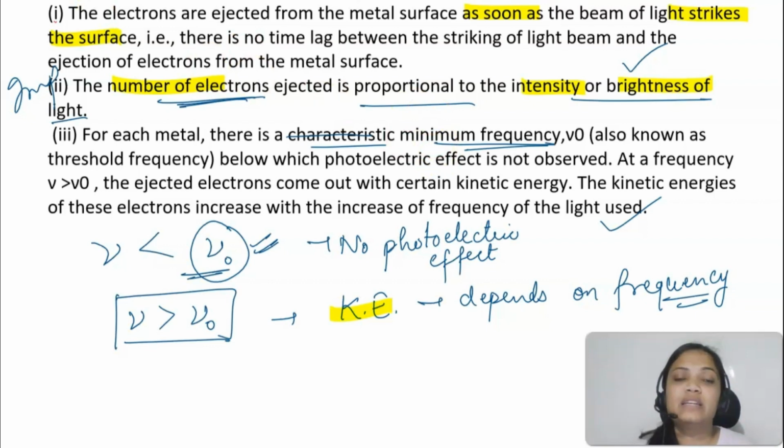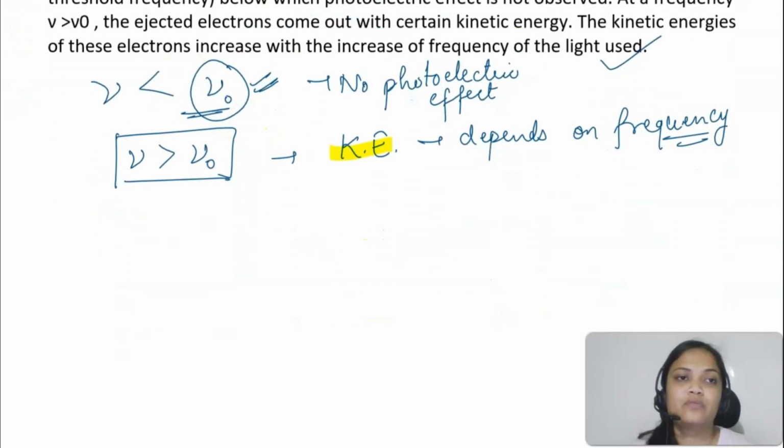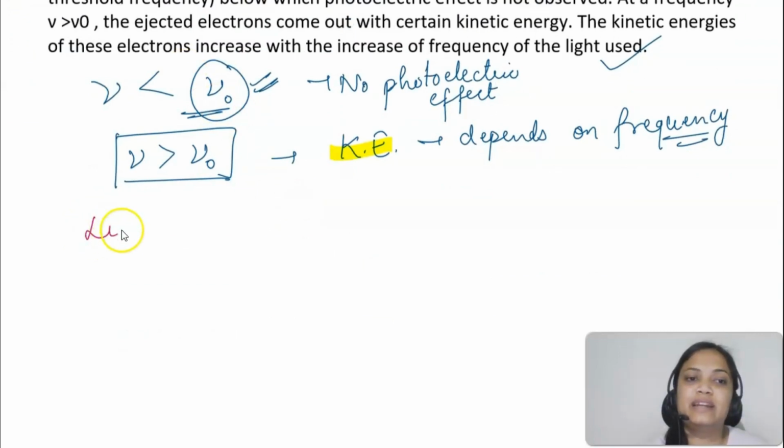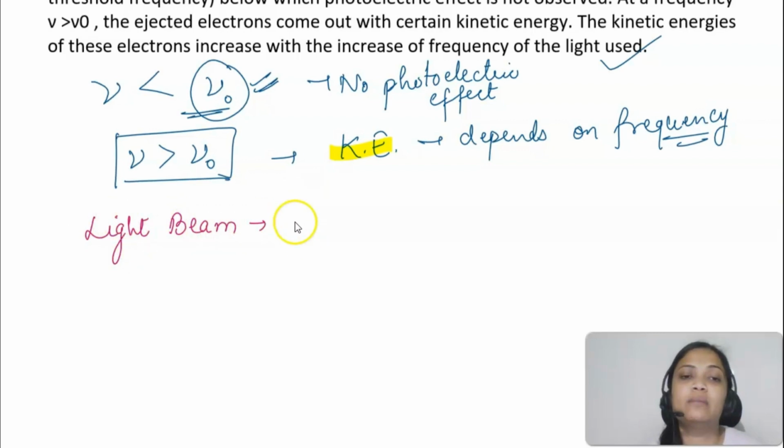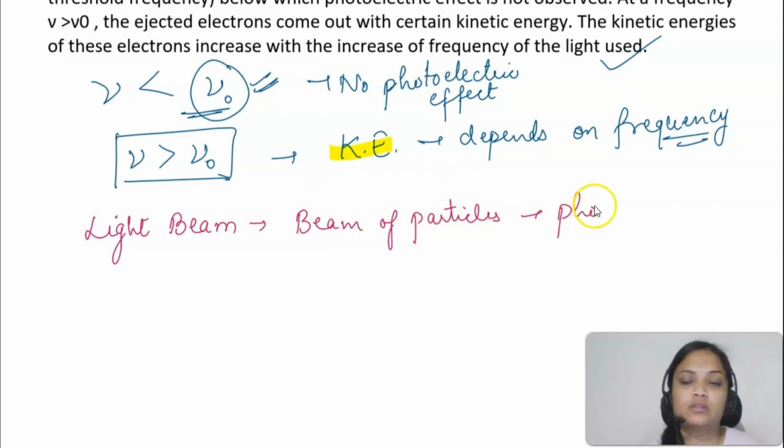Okay, so Einstein actually used the Planck quantum theory to explain this effect in such a way. Here we can see, Einstein said that when we are shooting a beam of light on the metal, it can be seen as a beam of particles, which he called photons.